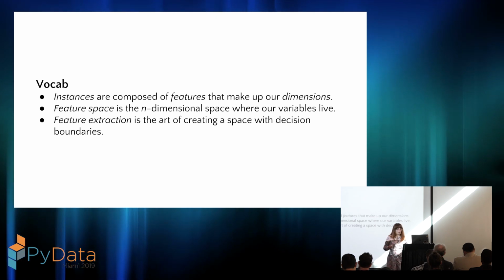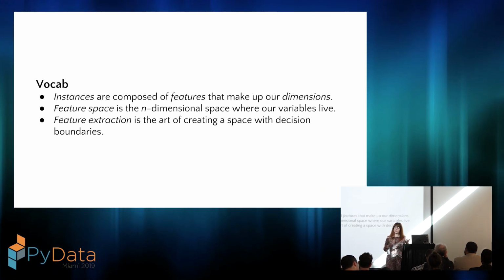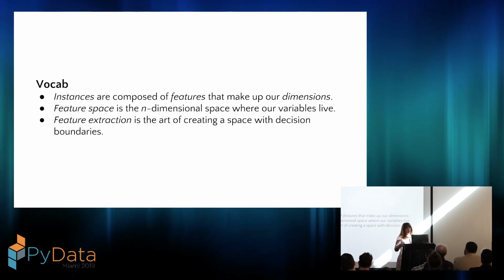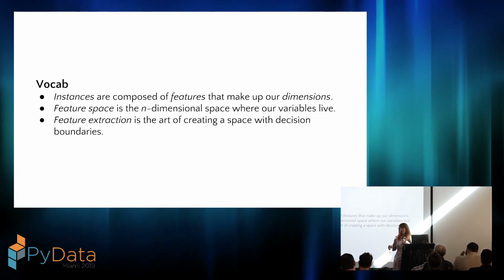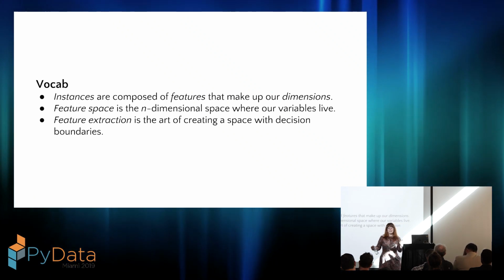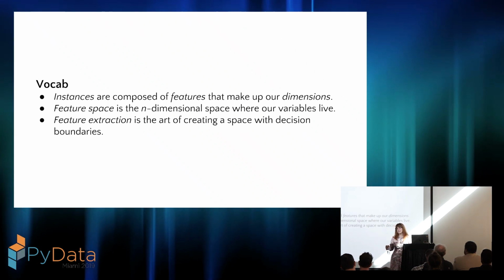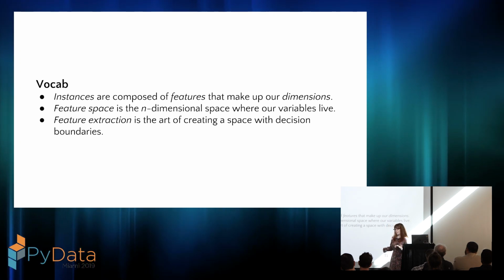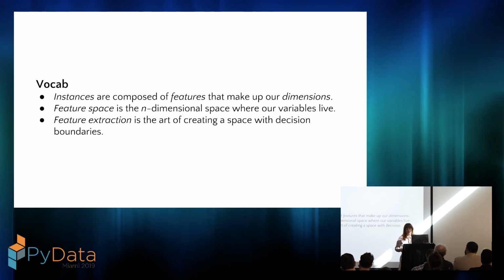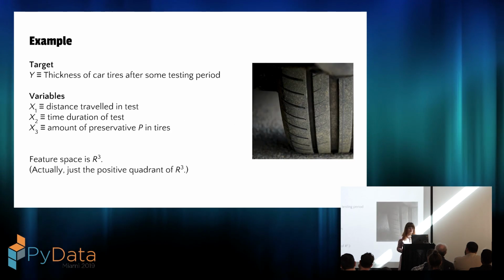That is what's going to make up our dimensions. The feature space is the n-dimensional space where those variables live, and feature extraction is that process. Here I'm calling it an art because I think this is why data scientists are still necessary: there's an immense amount of effort in creating features that actually will be predictive.